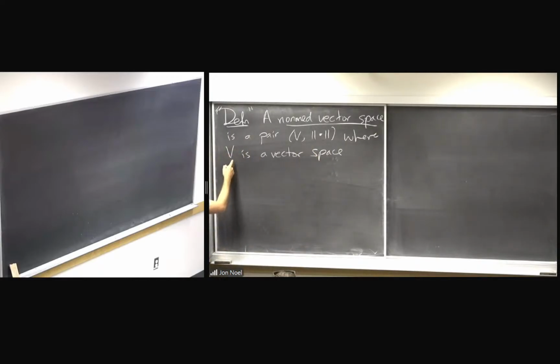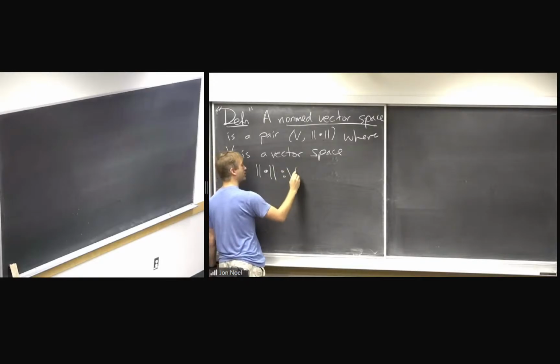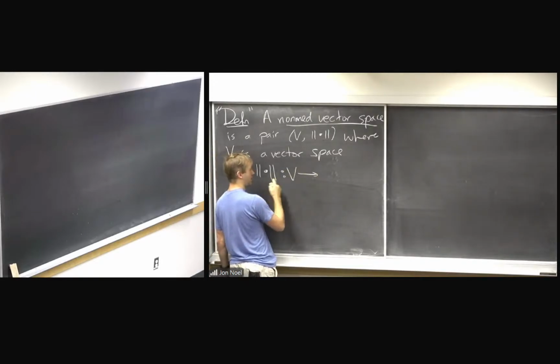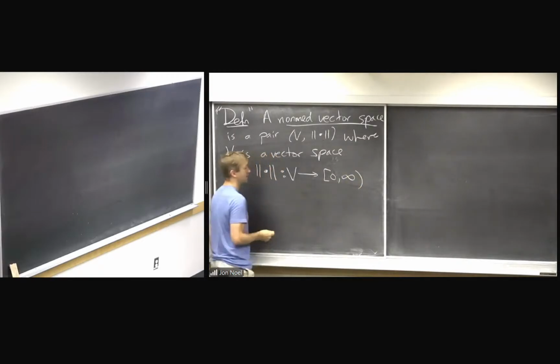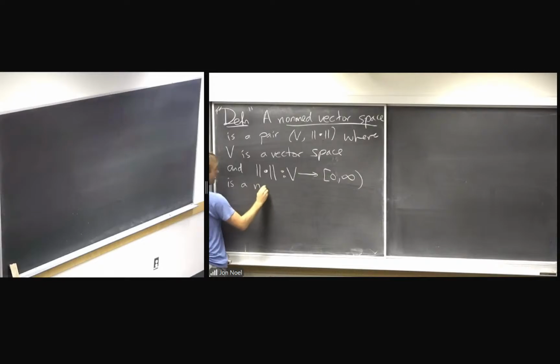V is a vector space, and the norm maps vectors. So this is a function that takes vectors to non-negative numbers. And I'll just say it is a norm. Let's not go through all the properties of norms.